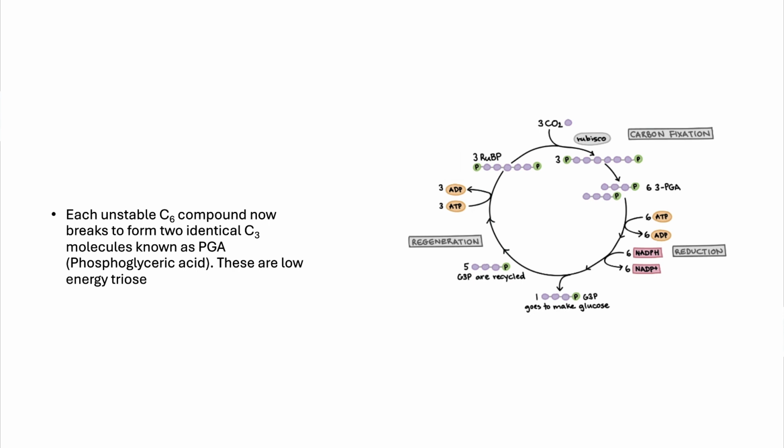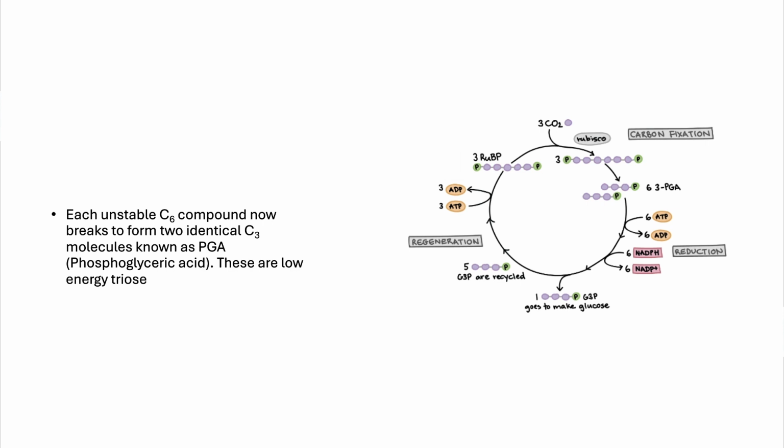Here we have carbon dioxide coming from the atmosphere. The enzyme called Rubisco catalyzes the bond between the two, and that C5 compound becomes a C6 compound. But the C6 compound is unstable. Therefore, it splits evenly into 2 identical C3 compounds.